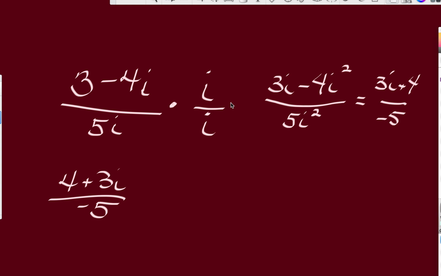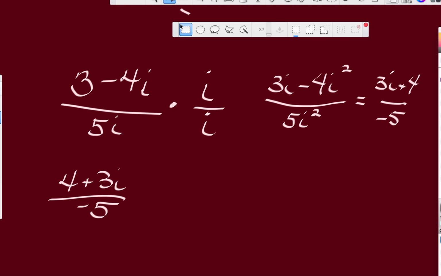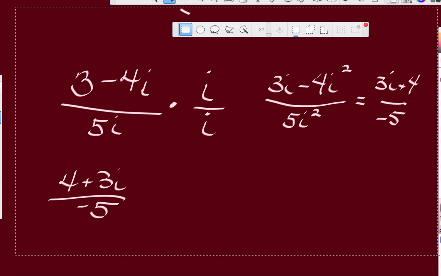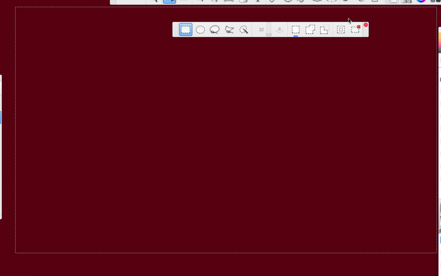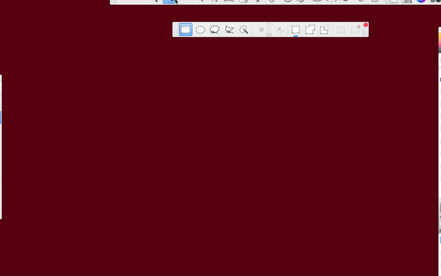Okay? One of them is going to be a complex number. The other one is not going to be a complex number. Let me show you what that complex number is going to look like. I know you're afraid of this, so I don't want you to be worried about the complex number. This is what I mean by a complex number.